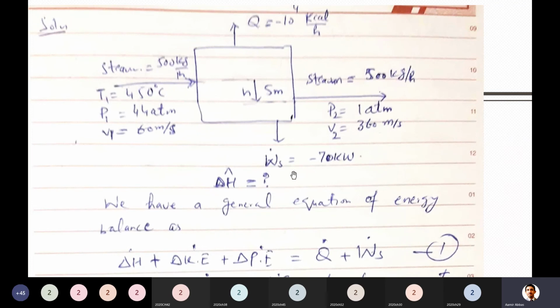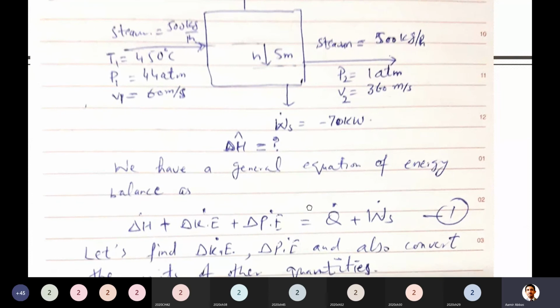You can see that this is the energy, and this is also Q and W, but they have different units. So we will try to have similar units in our system. So let's calculate kinetic energy and potential energy, and then we will also look at the units of these two, so that we can add same-unit terms, or insert all the terms which have the same units in this equation to find delta H.